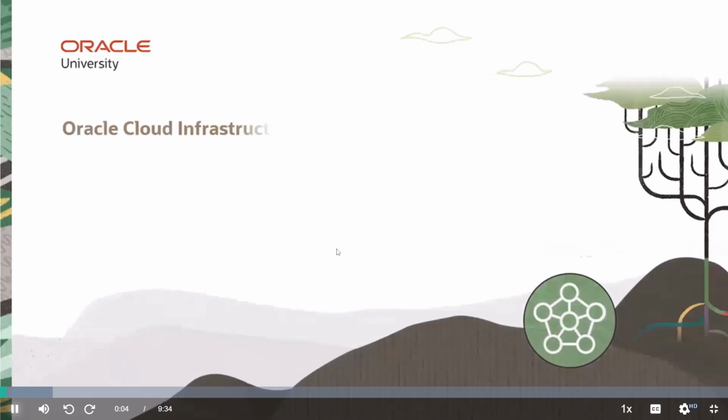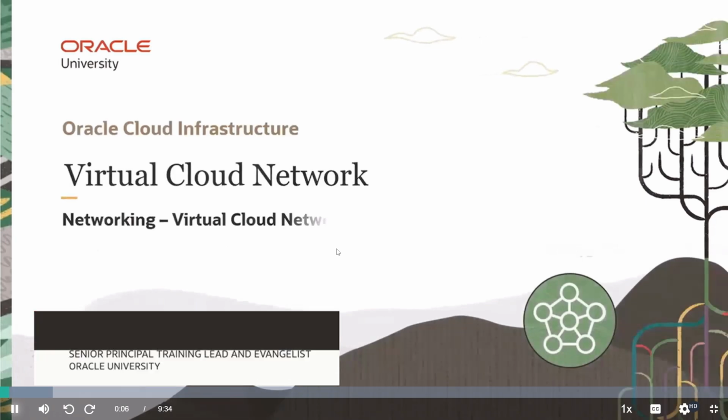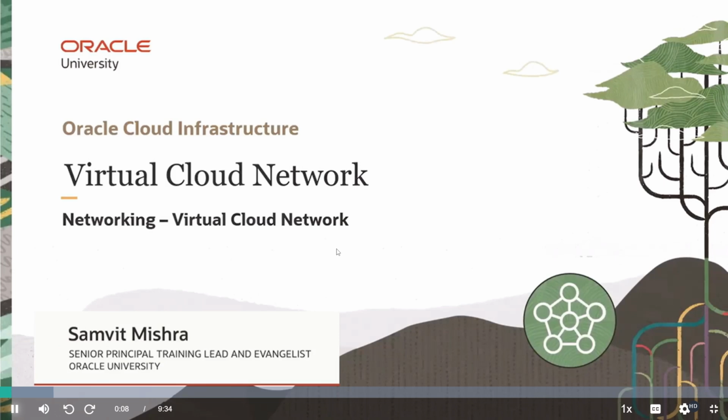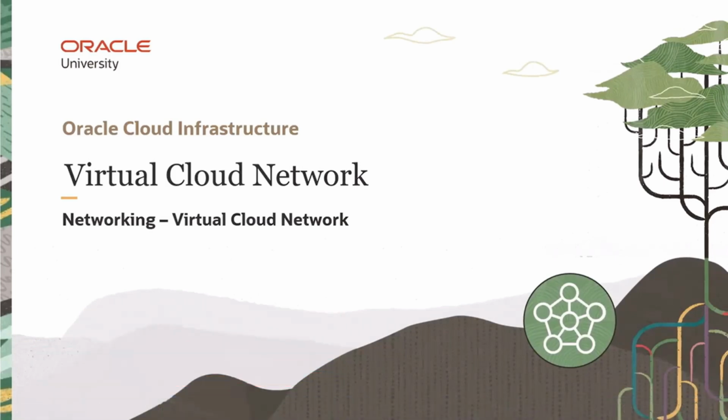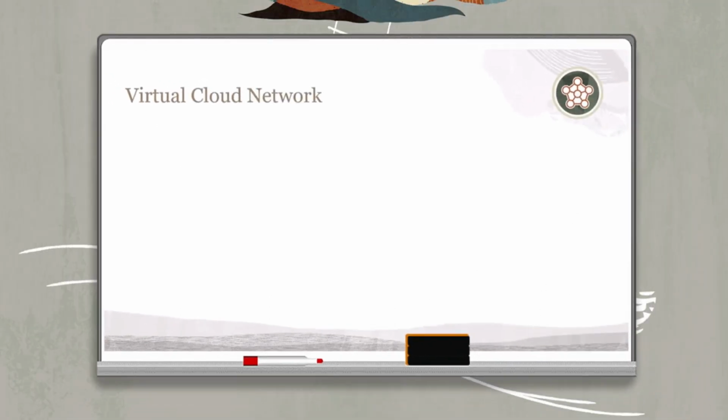Hello and welcome to this lesson on virtual cloud network, which is also known as VCN. So VCN is one of the core constructs in OCI networking and is the key building block. So let's understand what VCN is. Let me start with whiteboarding on virtual cloud network.